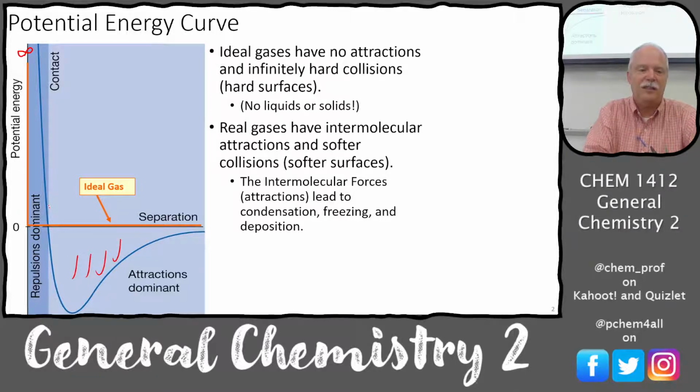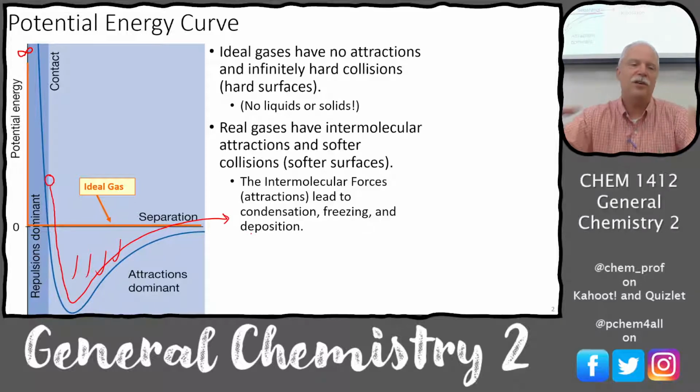You can think of this just like a ball on a hill. If I have a ball up here and it rolls downhill, it's going to roll through this dip and out. And so as long as your average energy is above that 0 point, you're going to have good collisions and the molecules are going to bounce off of each other.